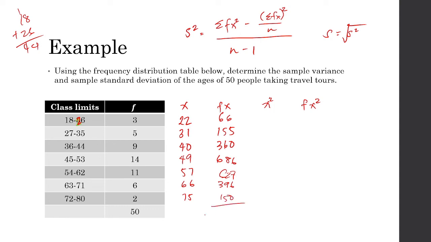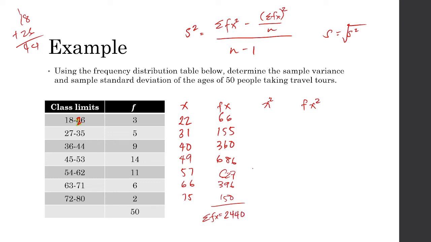So what we can do here, class, is to compute for the summation of the fx. So we have there 66 plus 155 plus 360 plus 686 plus 627 plus 396 plus 150. That will be 2440.